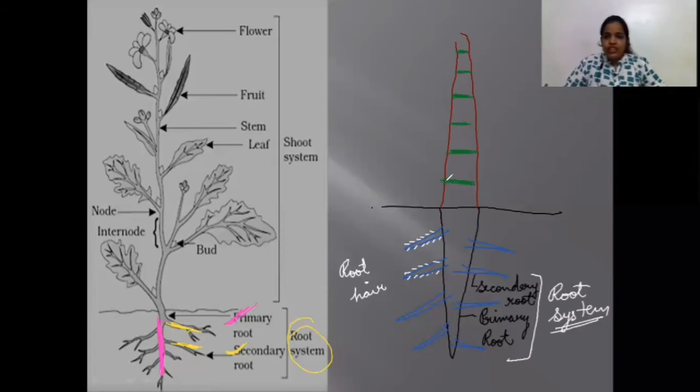These partitions which I have drawn with the green color are actually known as the nodes. Clear? The space or the part of the stem between two nodes will be known as the internode. So the space between the two nodes, this complete part, will be known as the internode.